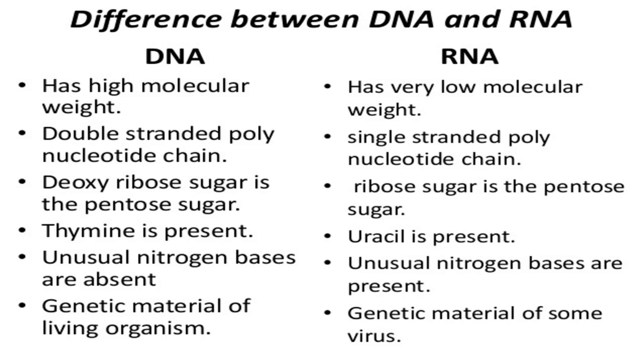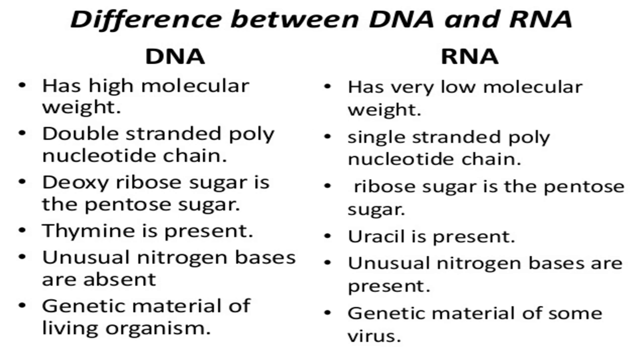Now, the difference between DNA and RNA. DNA has a higher molecular weight. On the other hand, RNA has a very low molecular weight. DNA is a double stranded polynucleotide chain, and RNA is a single stranded polynucleotide chain. In DNA, deoxyribose is the pentose sugar, and ribose is the pentose sugar in RNA.